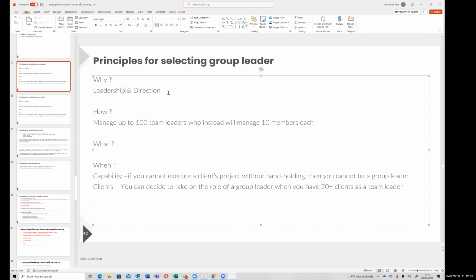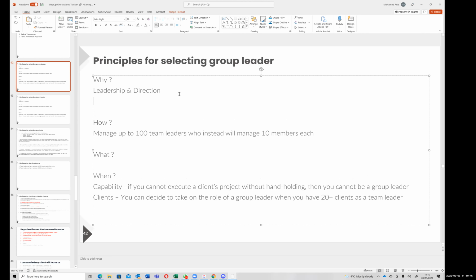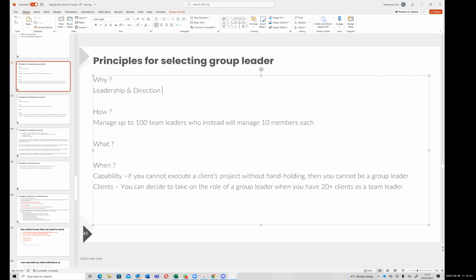I think there's something I'm missing. These group leaders, they should have team leaders whom they manage. So in this case, the team leaders are now the ones who are having the graduates.